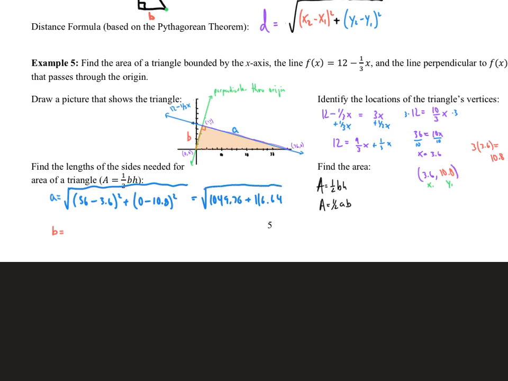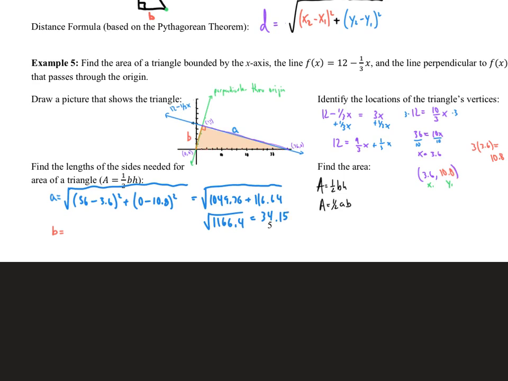Add those together. Okay, square root of 1,166.4. So square root that. I get 34.15. So that's how long A is.